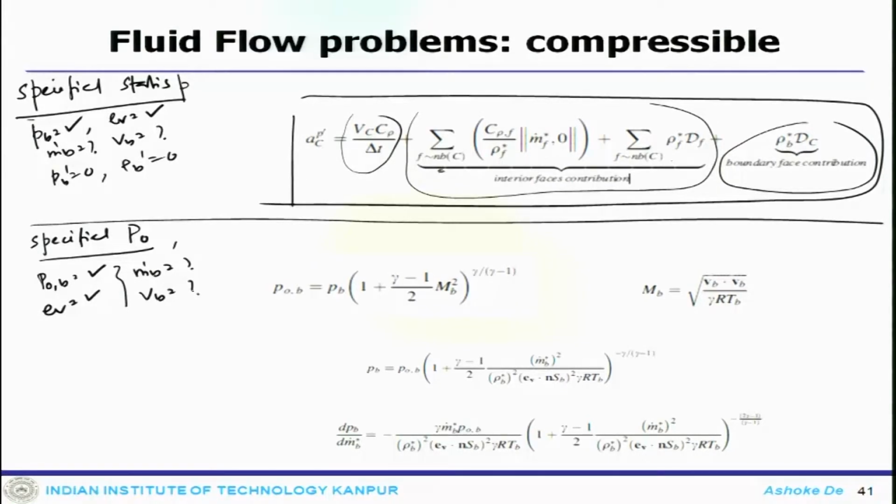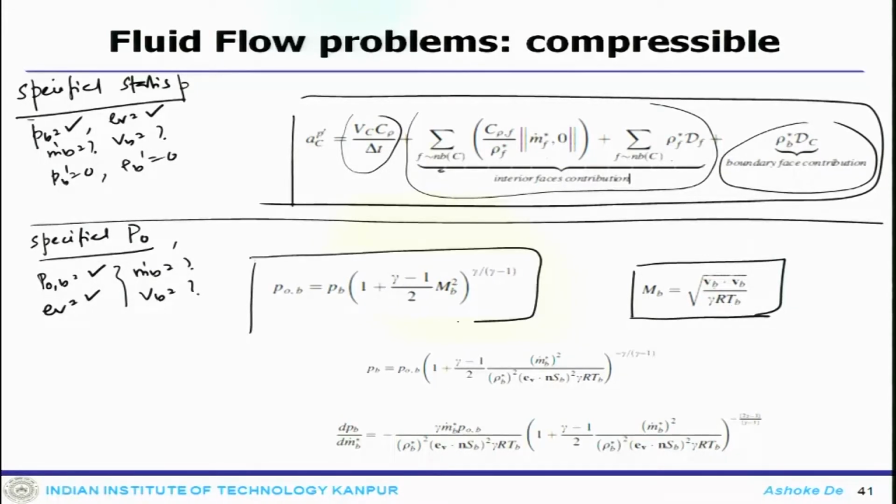For this case, to calculate the magnitude of the velocity, one has to use the stagnation conditions where Mach number at the phase can be defined as Vb dot Vb by gamma Tb, and the pressure which is unknown at the phase can be correlated with this standard isentropic law, where the stagnation condition is known. So, the pressure can be correlated with gamma.